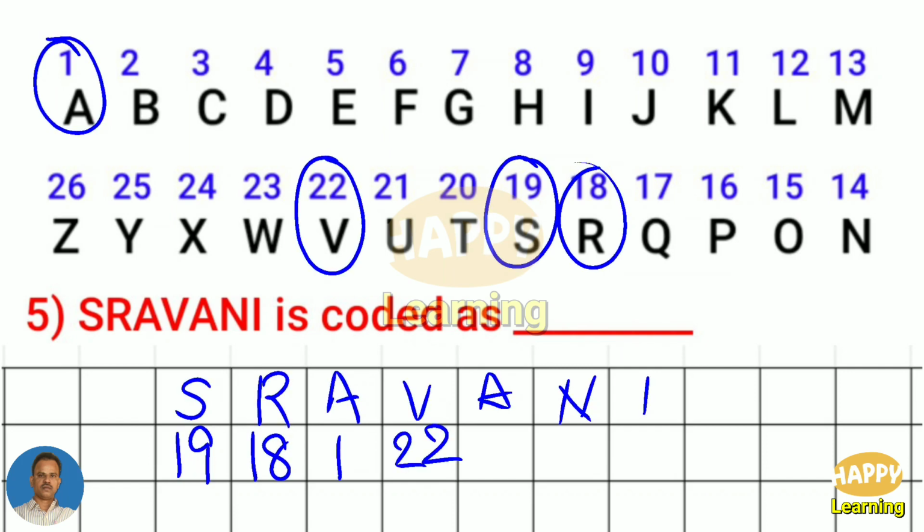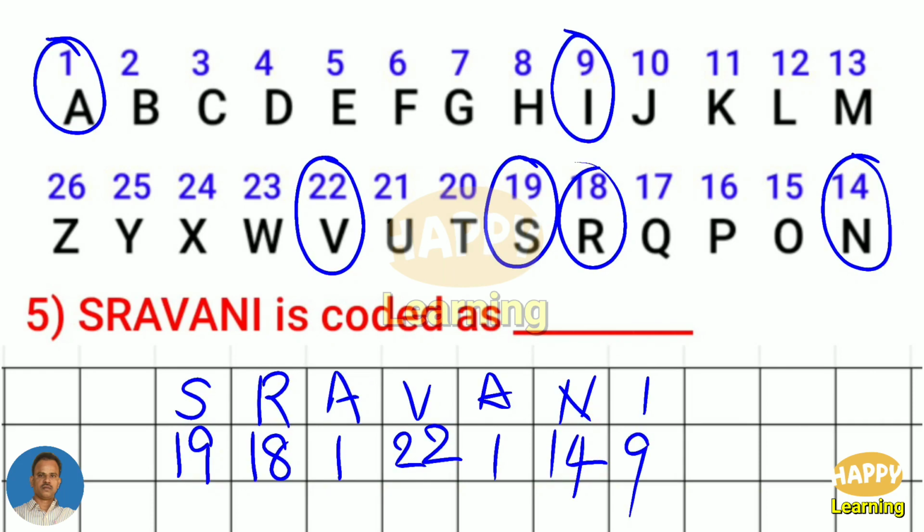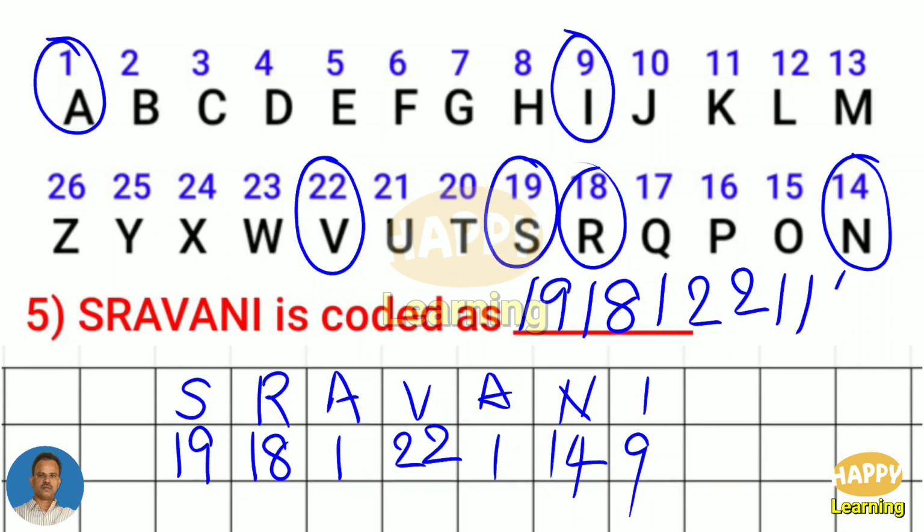Again A is coded as 1. N is coded as 14. I is coded as 9. Therefore, the code for Shravani is 19188122149. Okay, right.